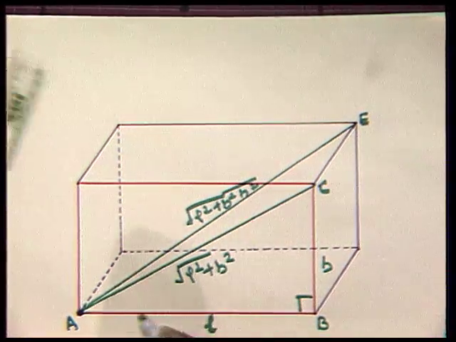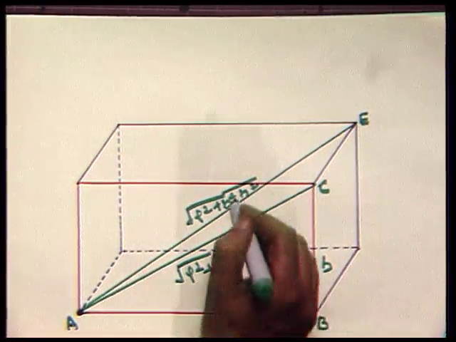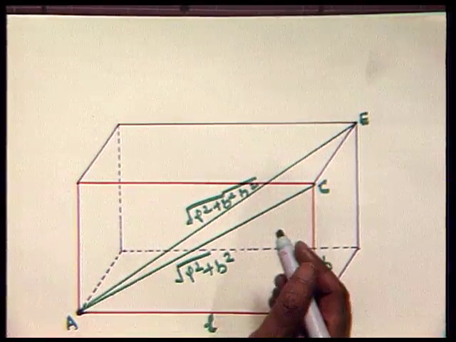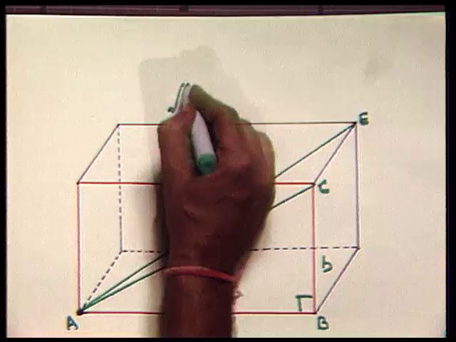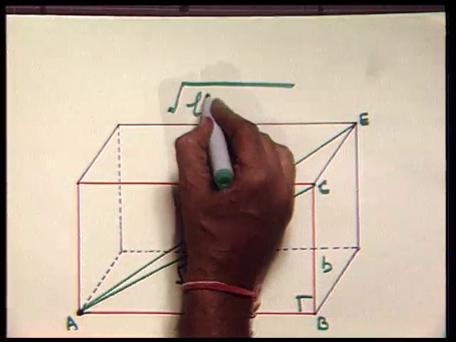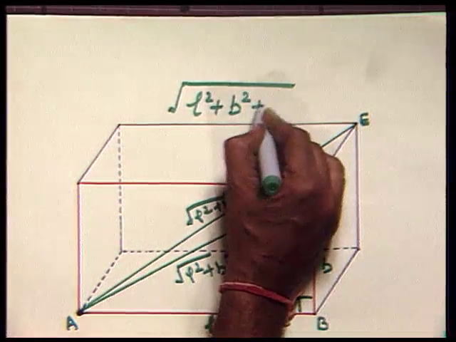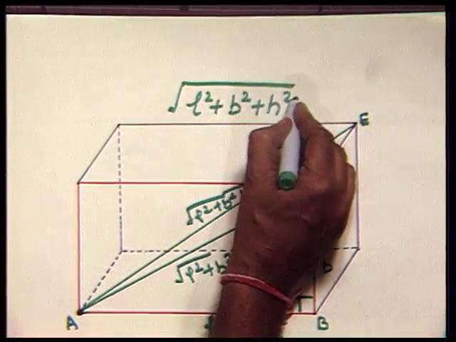That is the length of the longest rod that can be put in a room of length L, breadth B and height H, is given by under root L square plus B square and plus H square.